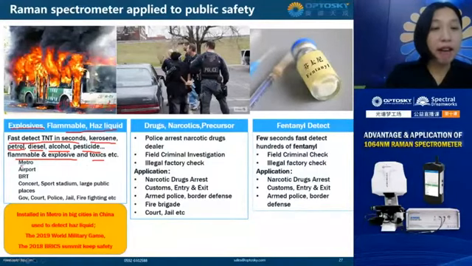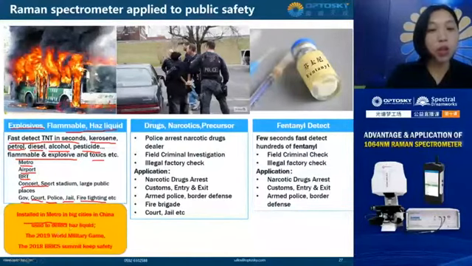We can see that at the entrance of metro, airport, BRT, concerts, sports stadiums, and large public places, and also government, court, police, jail, and firefighting, all of which have been stocked with our Raman spectrometers.